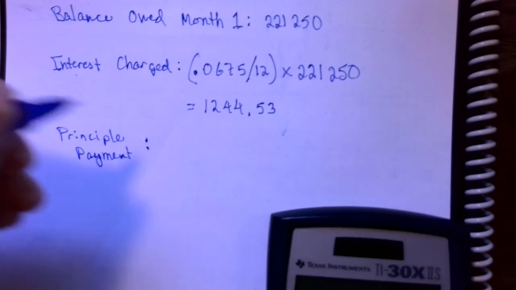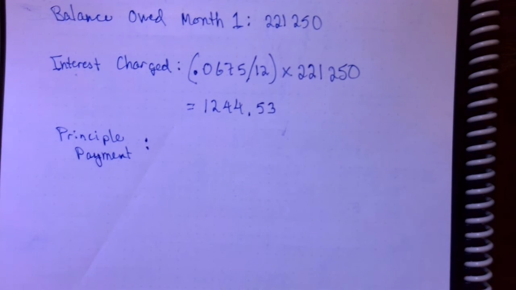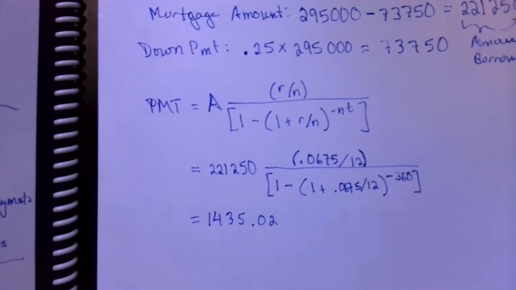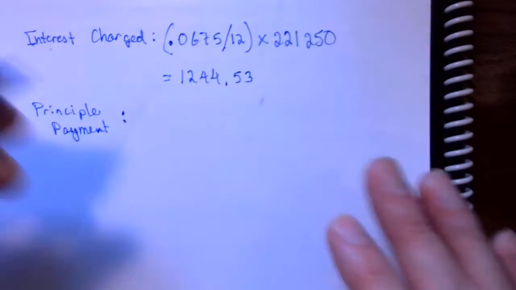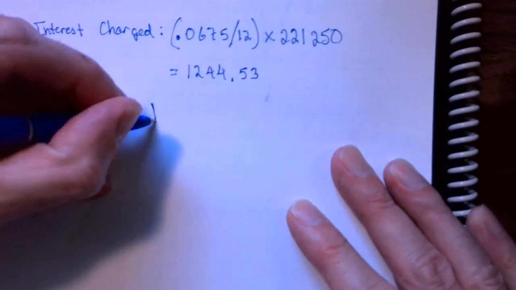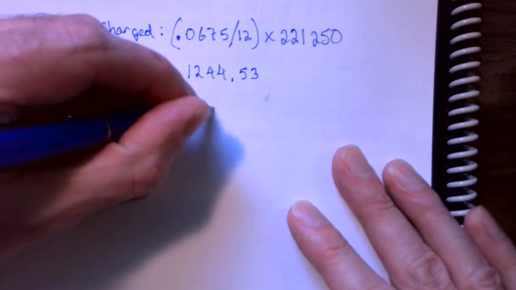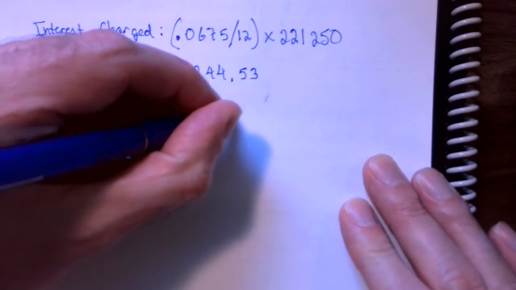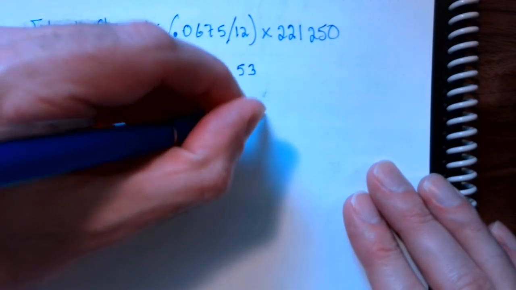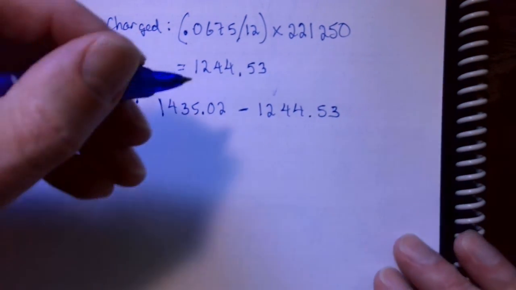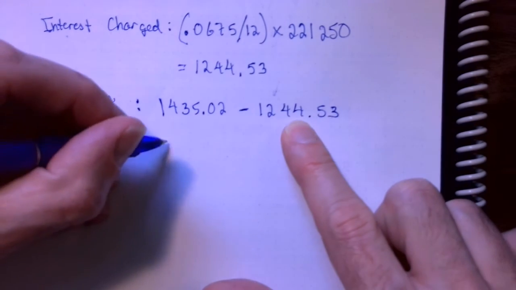Okay, now to find out how much goes to principal, we need to look at your monthly payment, which we computed to be $1,435.02. That's the amount you send to the bank every month to cover your mortgage. $1,244.53 is the amount that's going to go to interest.